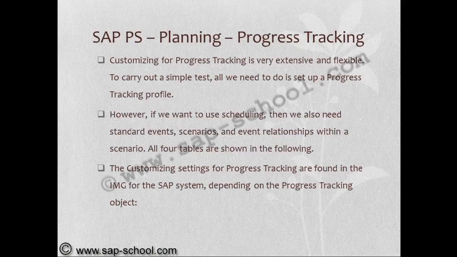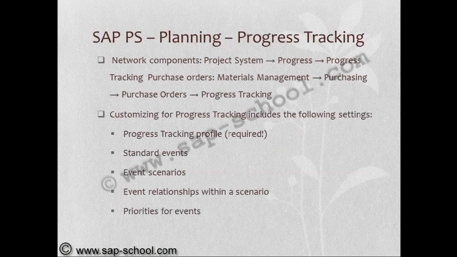The customizing settings for progress tracking are found in the customizing guide, depending upon the progress tracking object, that is, network components or a purchase order. In case of network components or a purchase order, we have to go to progress tracking.